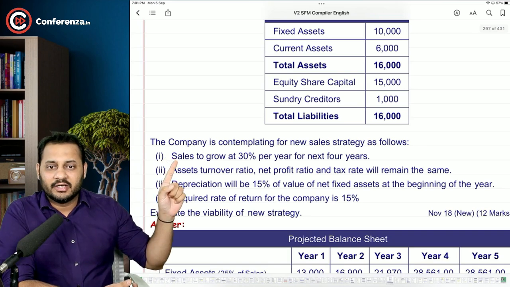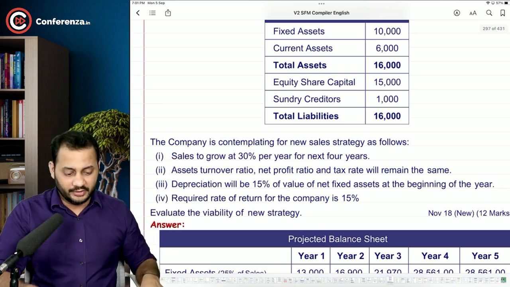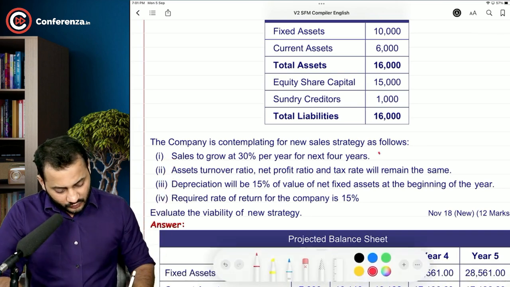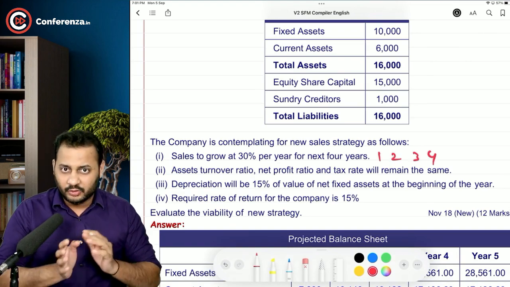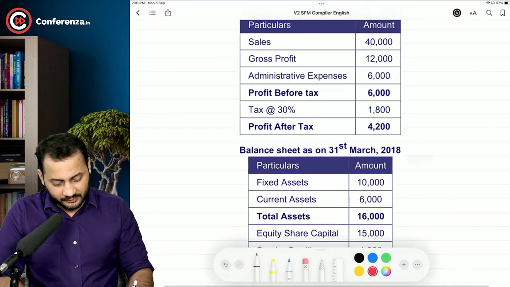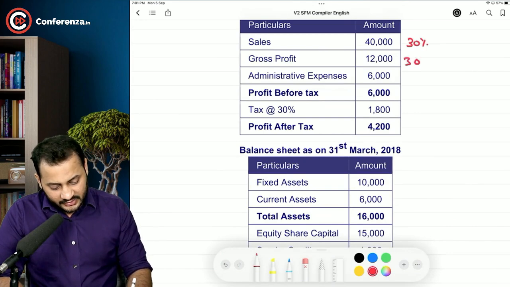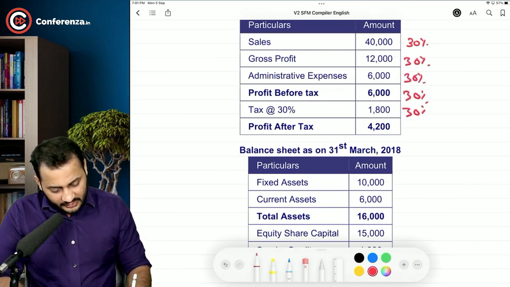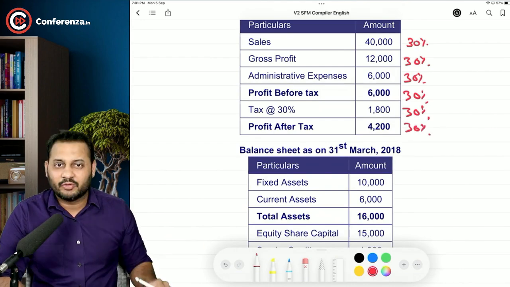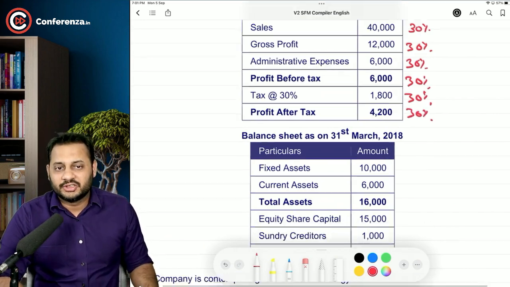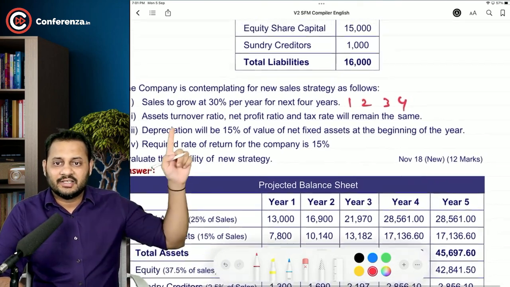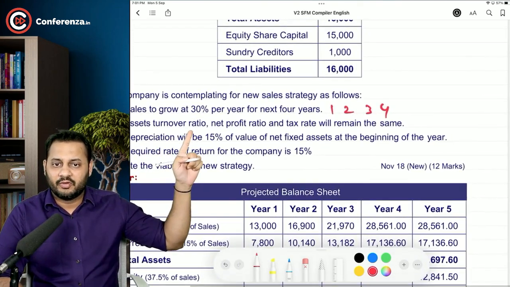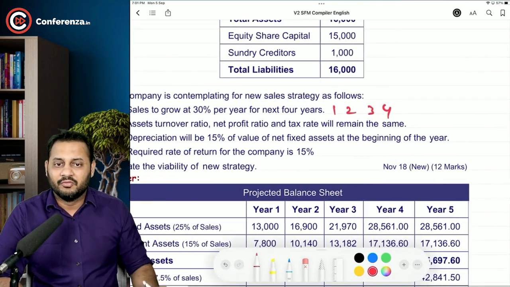Sales will grow at 30% per year for the next 4 years. Okay. So 1, 2, 3, 4. The growth rate will be like this, 30%. If this is growing 30%, this will also grow 30%, 30%, 30%, 30%. You can straight away take profit after tax if there is no other change. Asset turnover ratio, net profit ratio and tax rate will remain same.